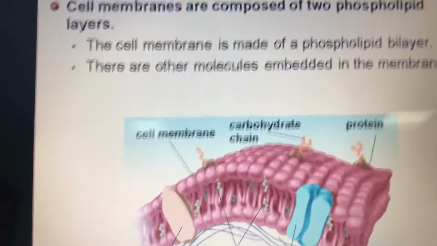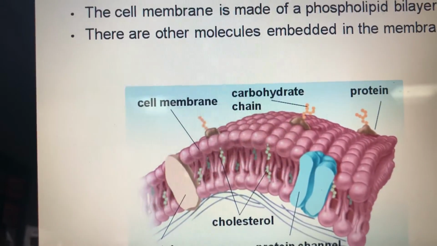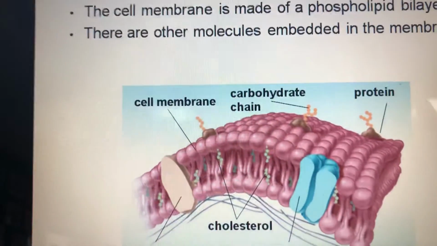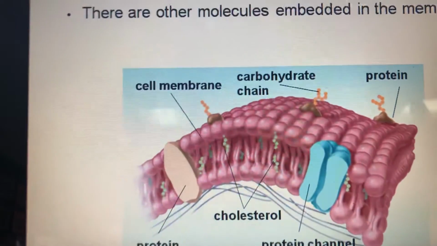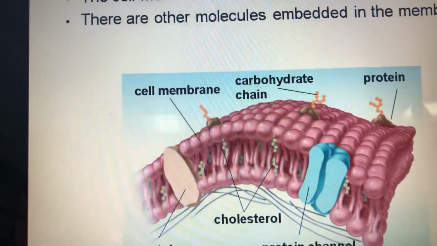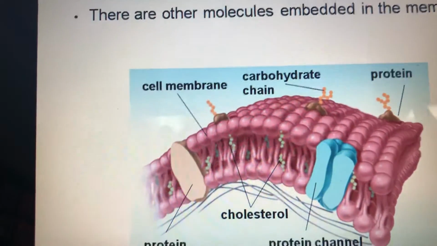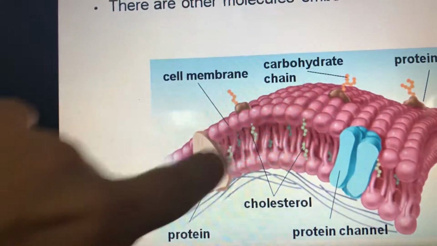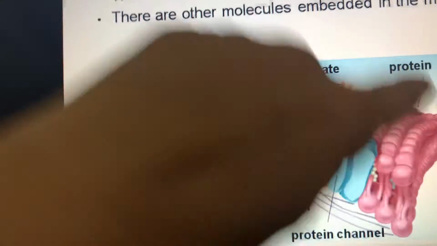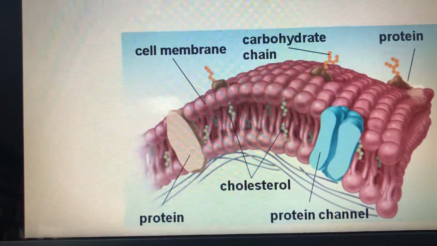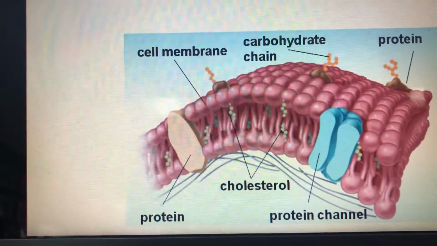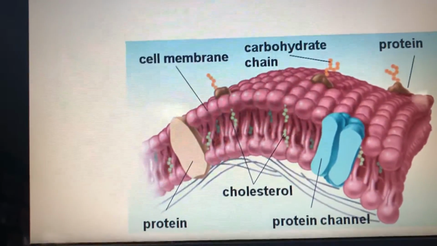There are also other molecules embedded in the membrane. First, you can see here cholesterol chains. The function of cholesterol chains is to strengthen the cell membrane. Also we have proteins, and these proteins have a function in the passage of large molecules or some polar molecules.